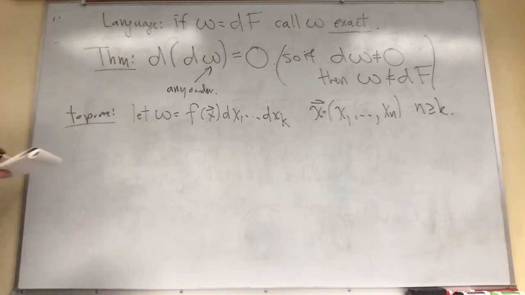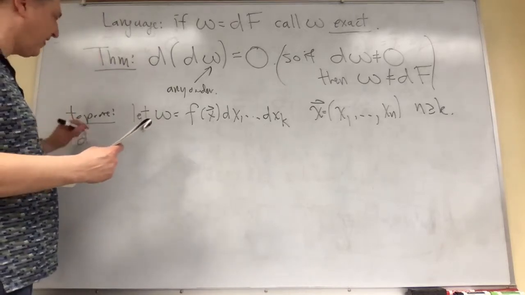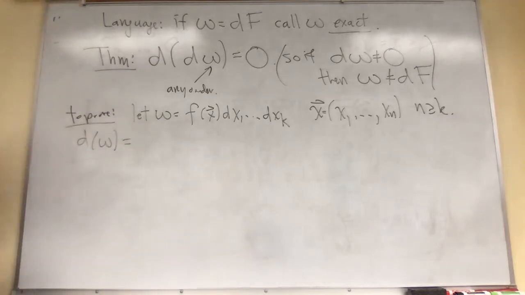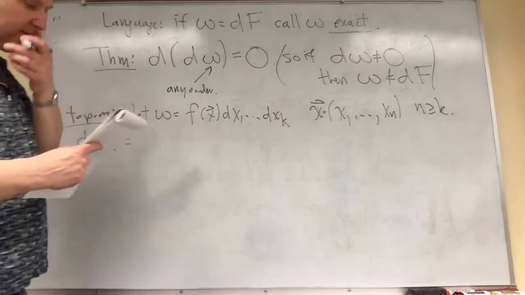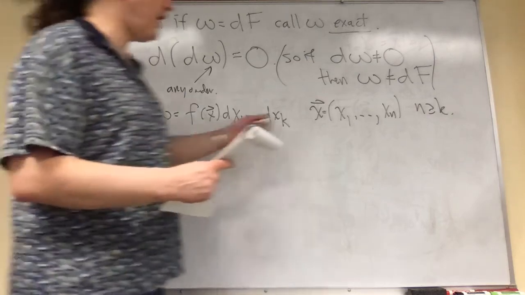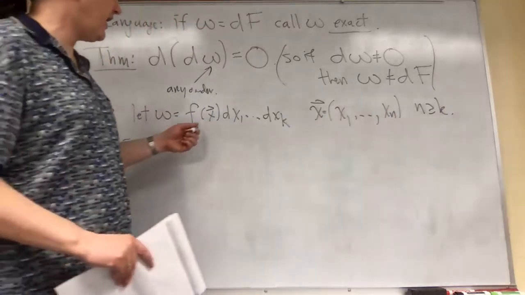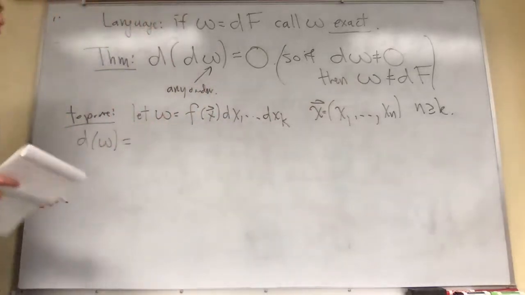So away we go. What are we going to do? We're going to take two derivatives. Not shocking. So the first derivative is, well, okay, we have some scalar function here. We will take all of its derivatives, and there are n variables total. If, by the way, k was equal to n, this would be guaranteed to be 0 already.